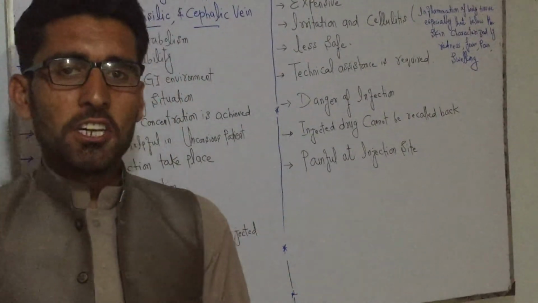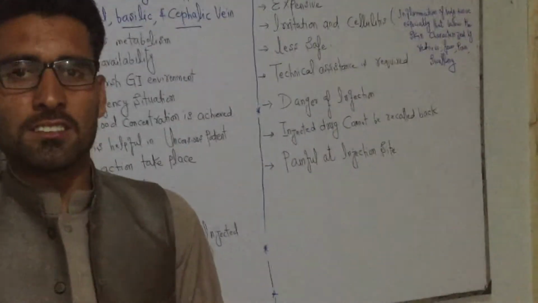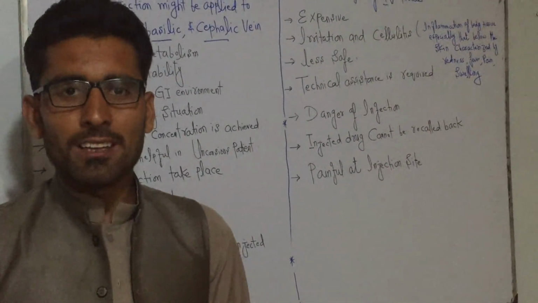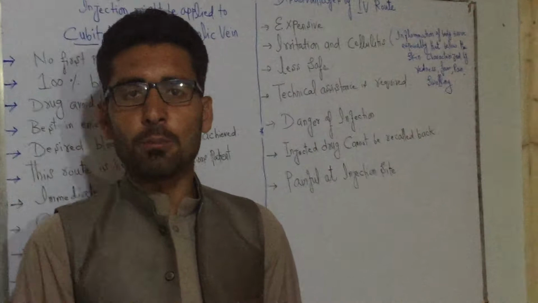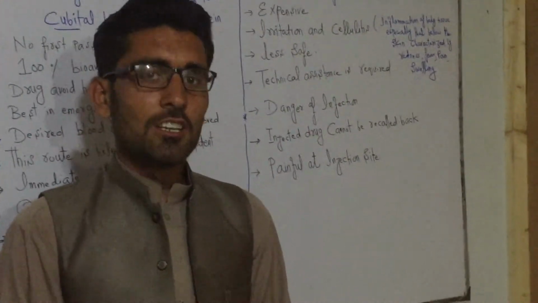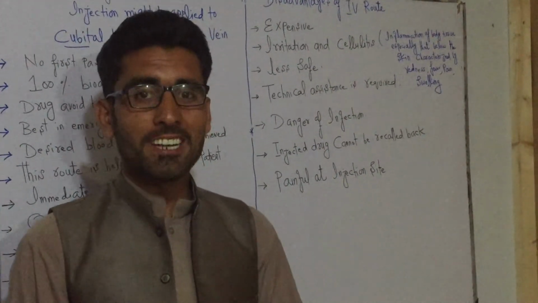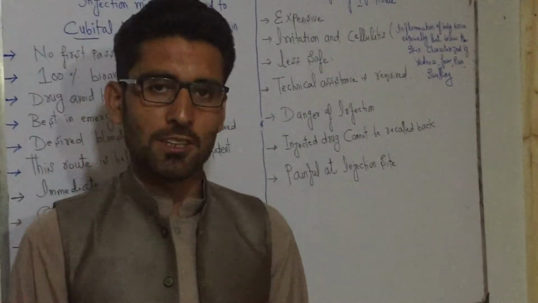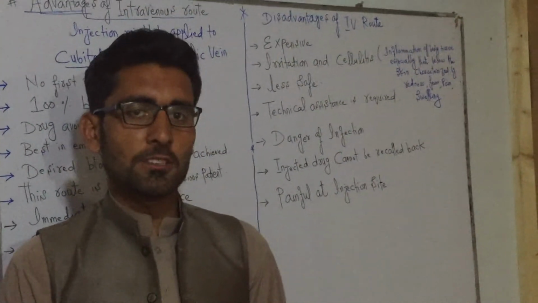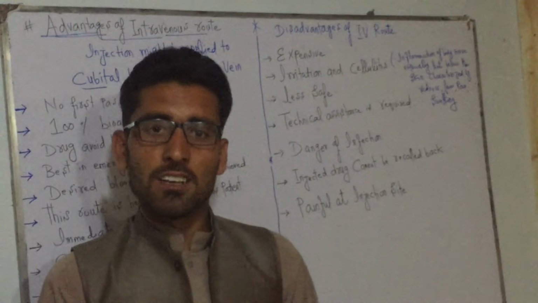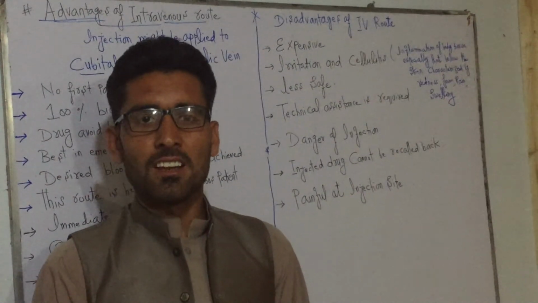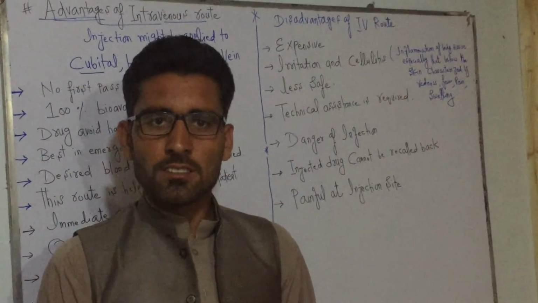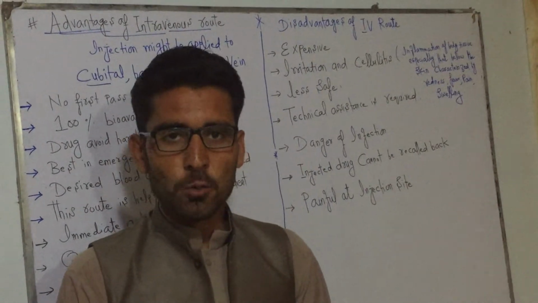There is a need for a paramedic, nurse or technician, because you cannot easily inject the drug into the body yourself. A medical professional is required, which is not necessary in the case of other routes like the enteral route.